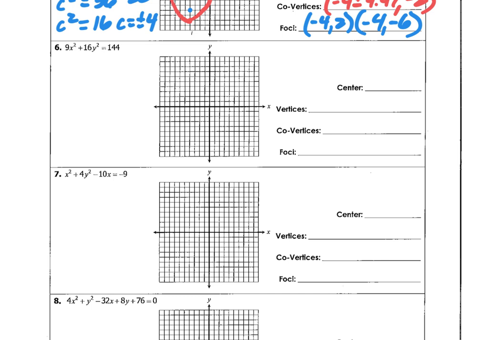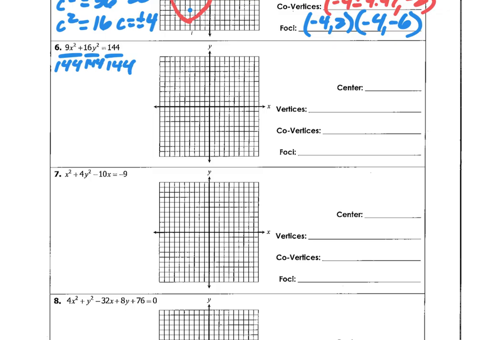Well, what could we do to make this equation equal to 1? What could I do to 144 to make it 1? Divide, yeah. We're just going to divide by itself, right? But if I divide this by 144, I got to divide everything by 144.